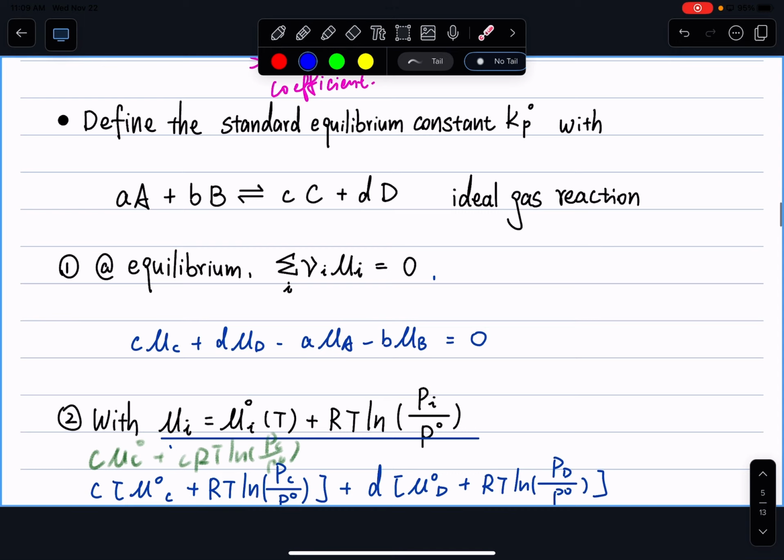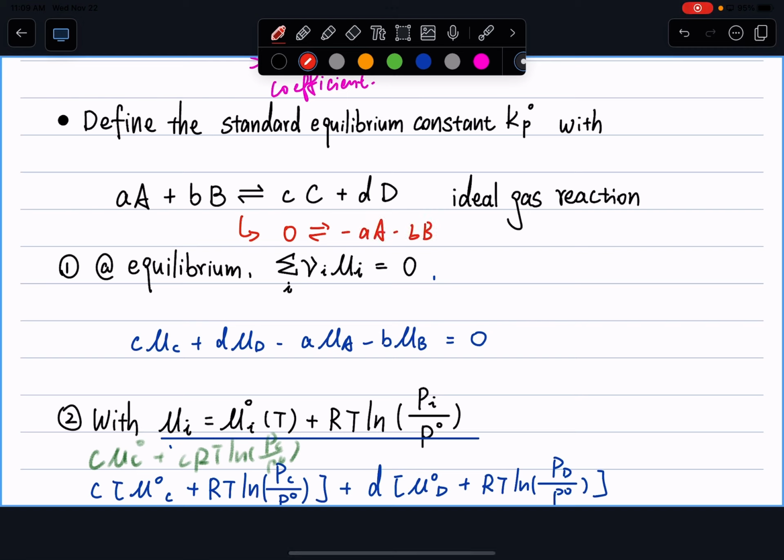And then we spend some time to define the standard equilibrium constant, Kp. So this whole process is we're using this hypothetical equation of aA plus bB goes to cC plus dD. Or you can rewrite this equation into 0 equals minus aA minus bB plus cC plus dD.